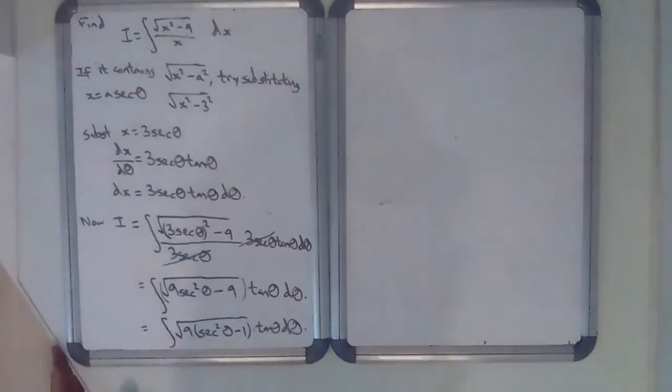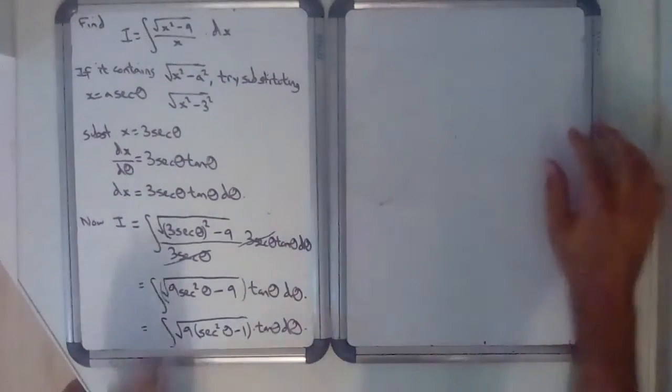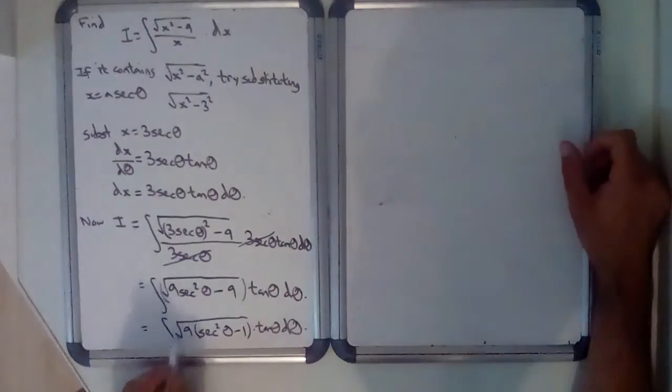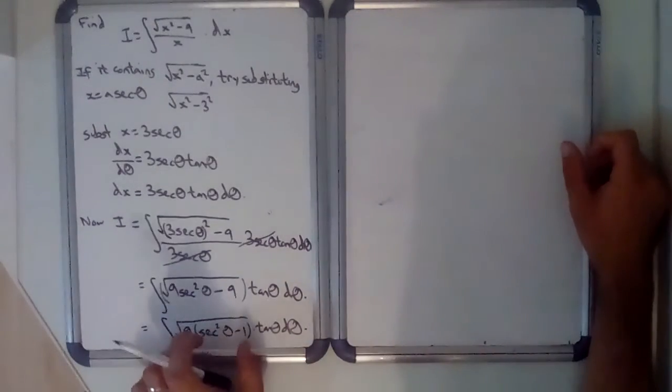Okay, two things. The first is that you can use your laws of surds, so I'll do that first. The second thing is looking for an identity, so we can write this sec squared in terms of tan squared. Let's start by dealing with this 9. You've got the root of 9 times sec squared theta minus 1.